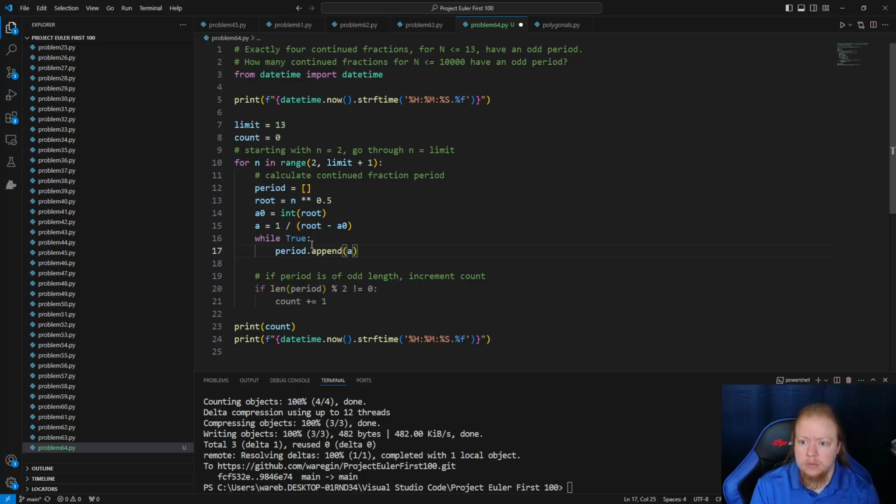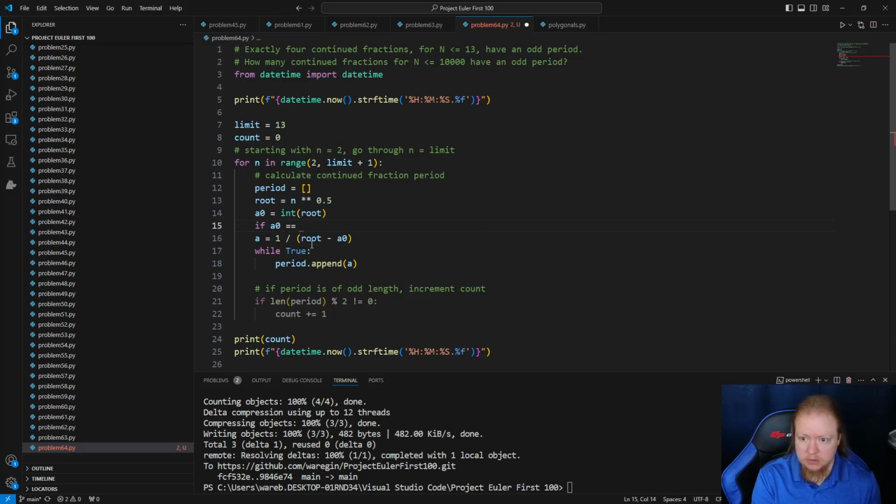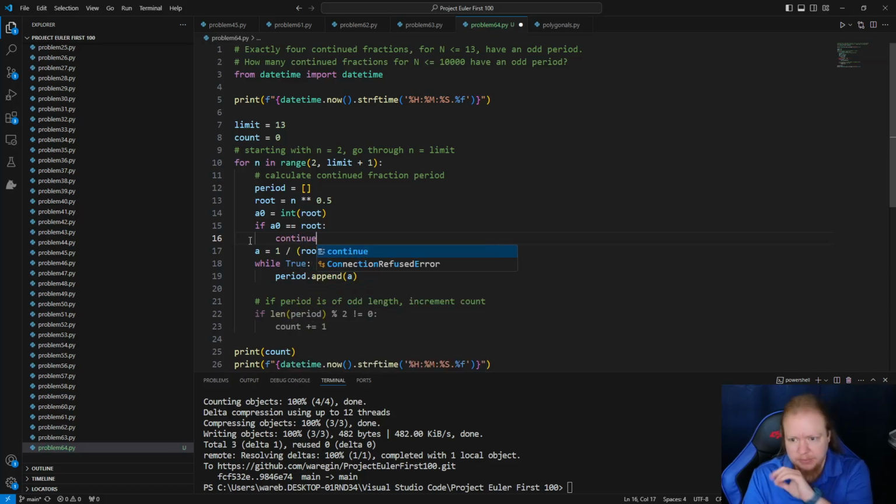Actually, just because we're starting with, we're going to hit 9. If a0 is equal to root, continue, just to try to skip the ones that are not irrational. Okay, so then if it is irrational, we come in, and then we do that. It's 1 over root minus A0.